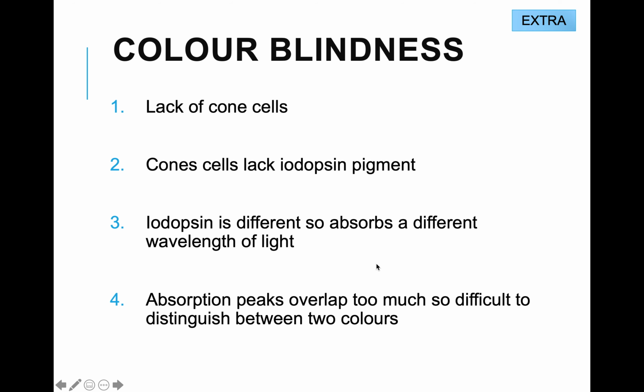Now, if those wavelengths of light overlap with others, it may be difficult to distinguish. So that can almost be linked to this fourth point. The absorption peaks may overlap too much, so it's difficult to distinguish between the two colours.